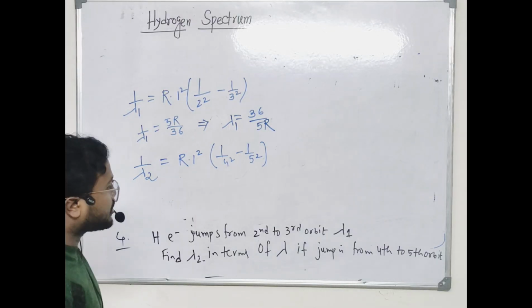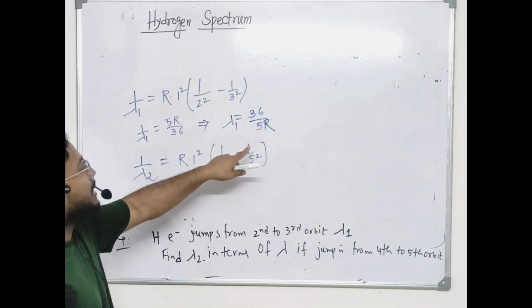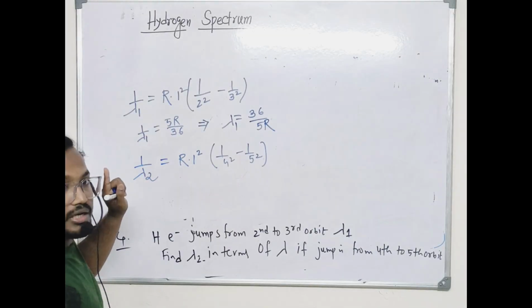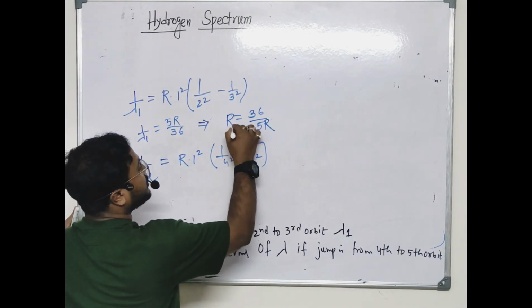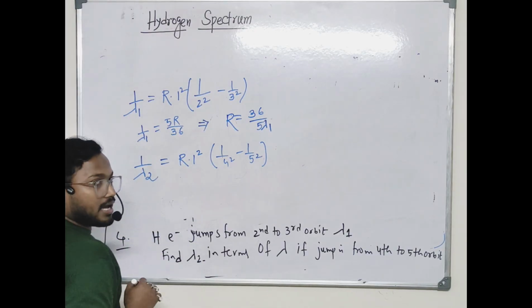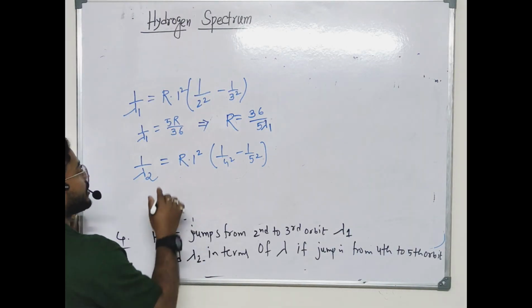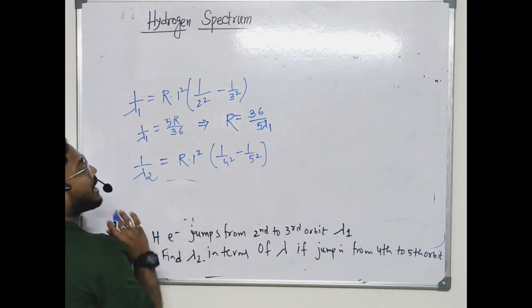This is my format. Now whatever data I get over here is my lambda 1 value. I can directly write it, or if I want to calculate R from here, I can calculate R and apply the R value over here. So 1 by lambda 2, you calculate the R value from here.